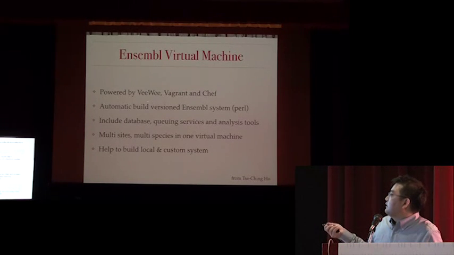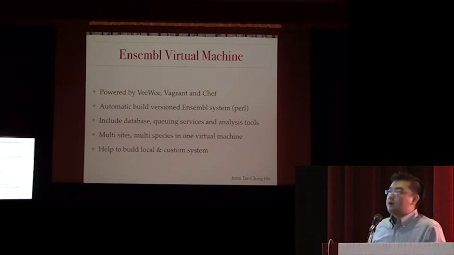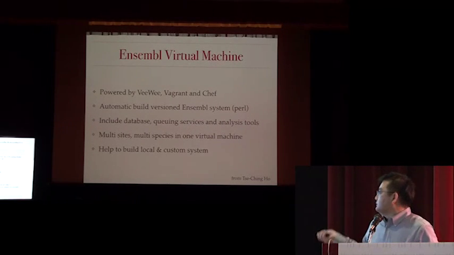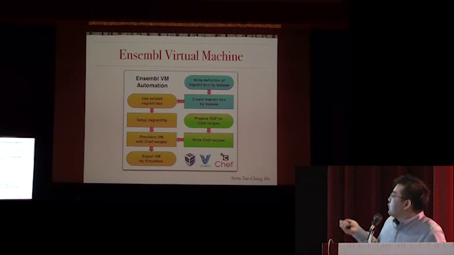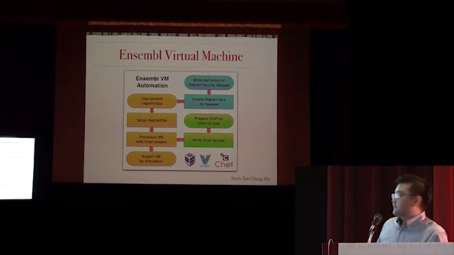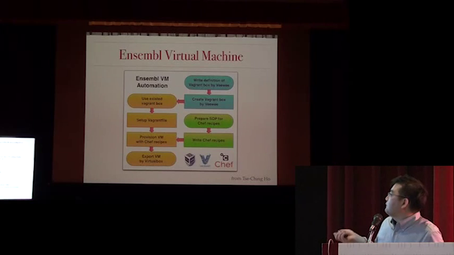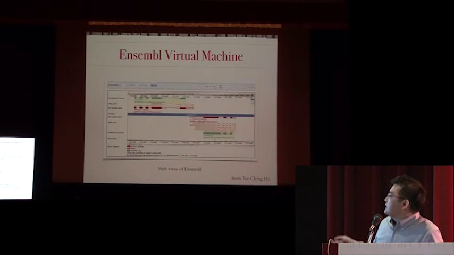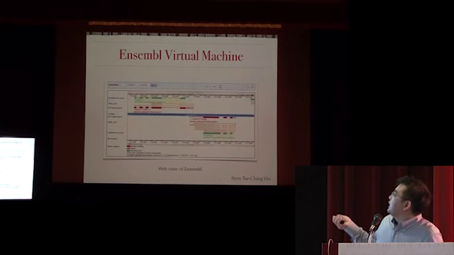We use the Ruby tool Chef to create this virtual machine, and you can create multiple sites or multiple spaces in one virtual machine. This recipe helps us build our custom system. And this is a workflow. If you know Chef, you know this workflow. And this is a web view for the Ensembl website.